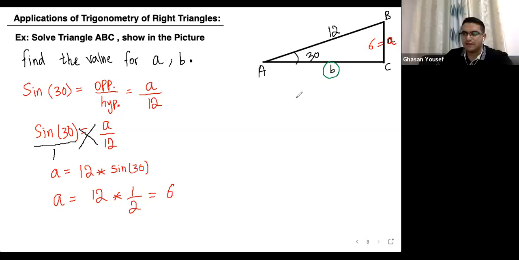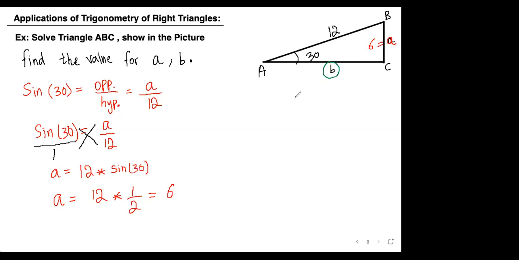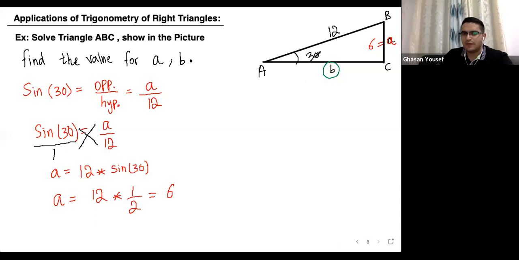I meant cosine. Yes, the cosine will help me because the cosine of the angle 30 degrees equals the adjacent edge over the hypotenuse.